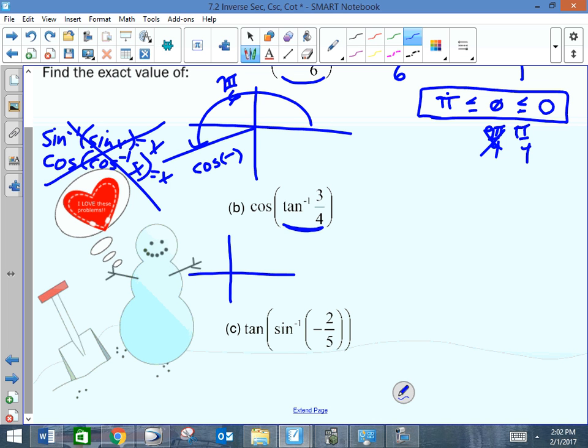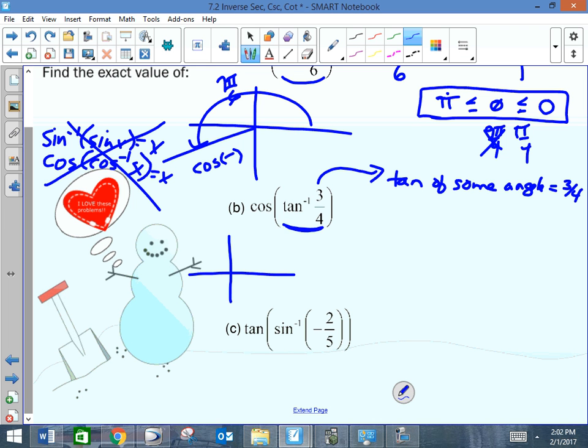Where do I find the, remember this inverse tangent of 3/4 means the tangent of some angle is 3/4, right? Okay, so that's definitely a positive tangent value. Where's it going to be?